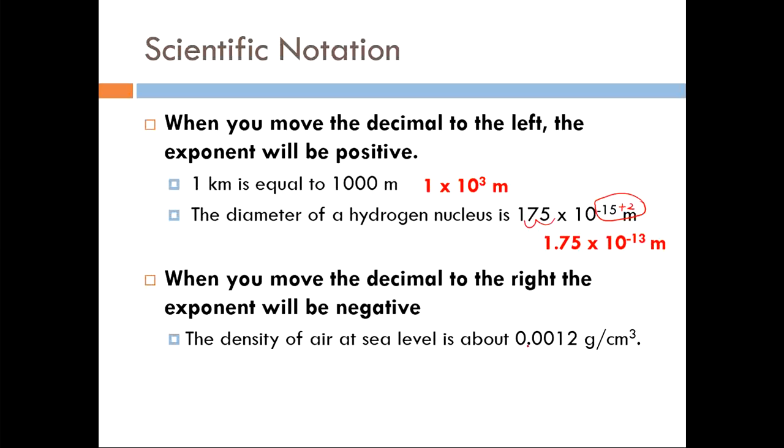So we're going to move the decimal over to the right until we only have one non-zero number to the left. So how many times do we move that over? 3 times. So our number can be rewritten as 1.2 times 10 to the negative 3. Notice that it's a negative exponent because we move the decimal to the right.